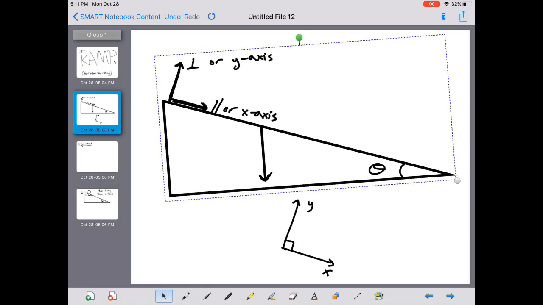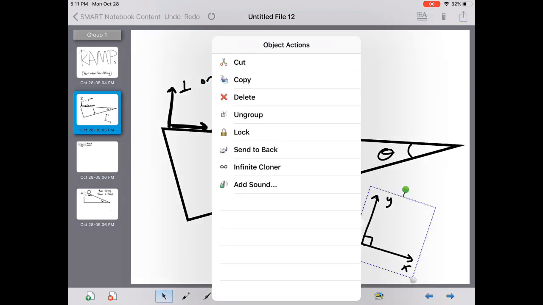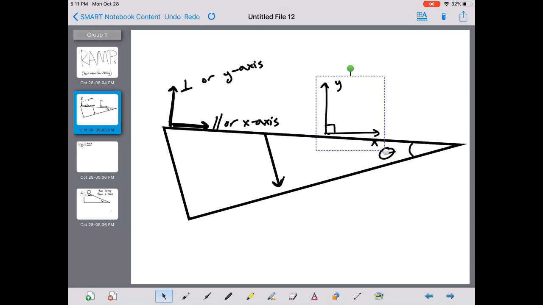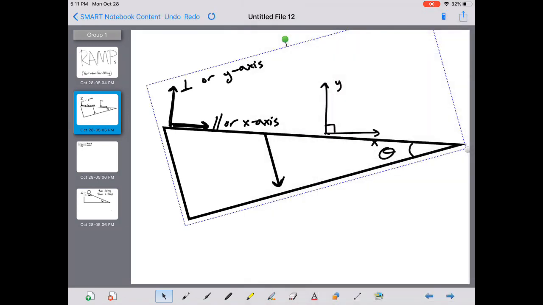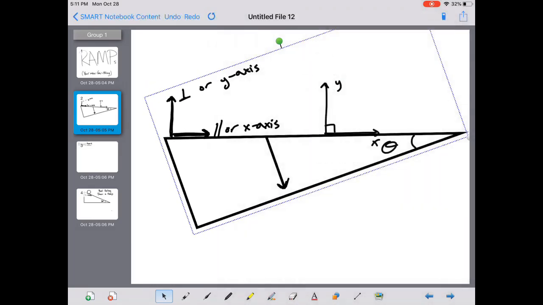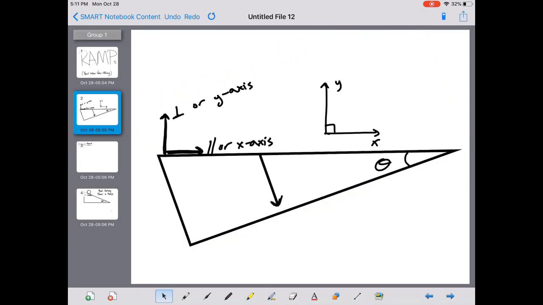So if I took this and rotated it so that it seems like my y-axis and my x-axis are how we are used to seeing them, something like this, then maybe that might help you a little bit. All right, so I want this one to go right there. So now we've got this ramp rotated to how we would normally see it.